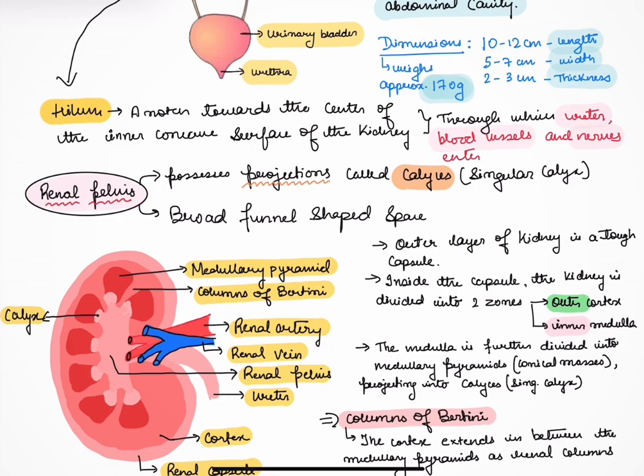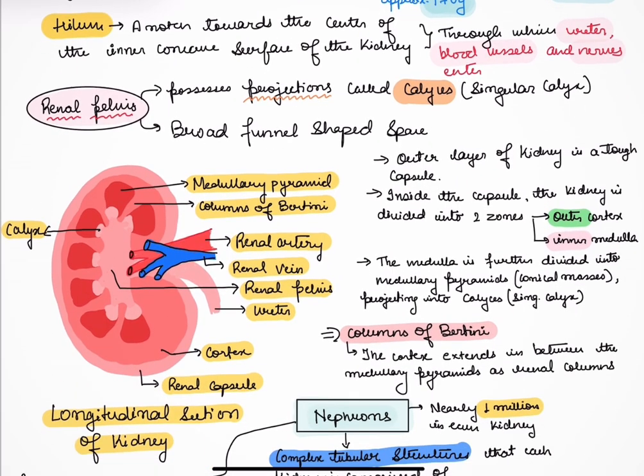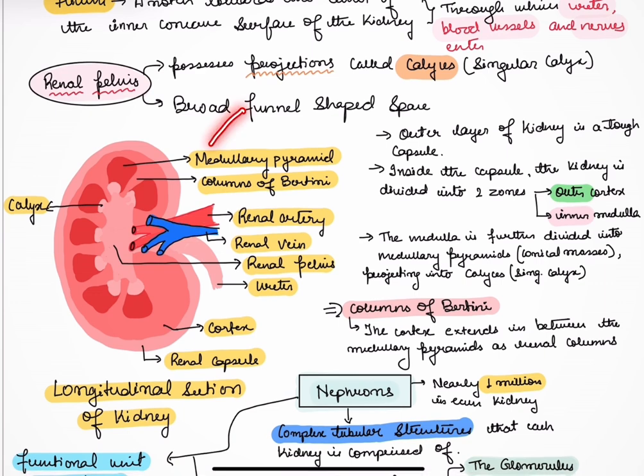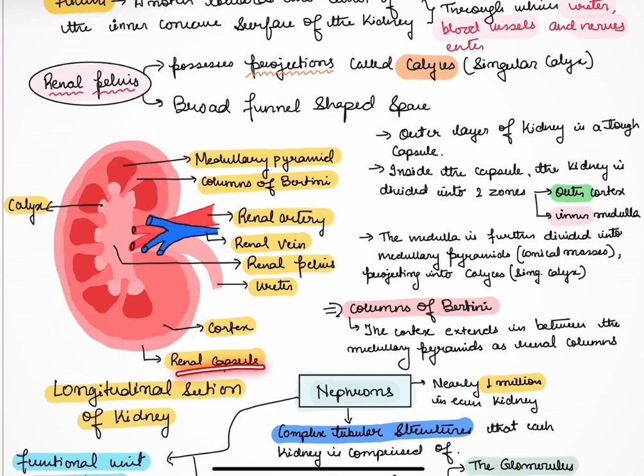So more clearly that can be understood with the help of this diagram. Let's focus on this diagram where we have a detailed view of the kidney. So the kidney is lined with a hard capsule known as the renal capsule. This is the outer layer of the kidney and it is tough.